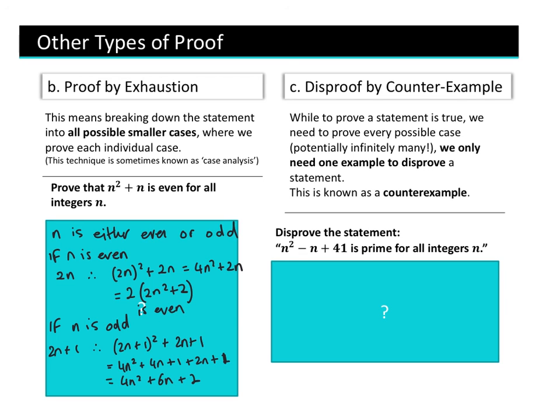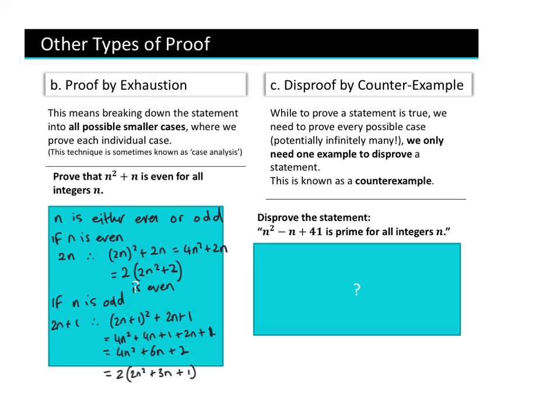Now remember, if it's even, we can take a factor of 2. So we've got 2(2n squared plus 3n plus 1). This is still 2n, so this is also even, okay? Therefore, n squared plus n is even for all integers of n. So we've proved every case.